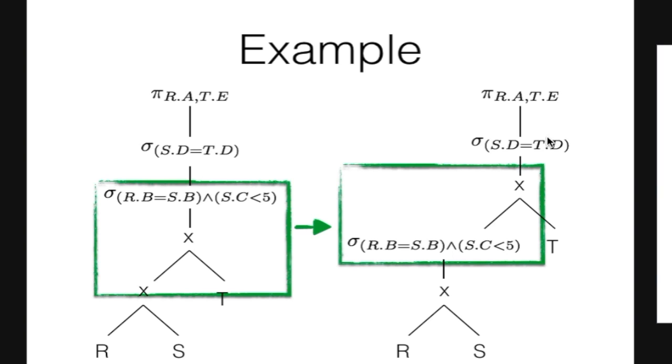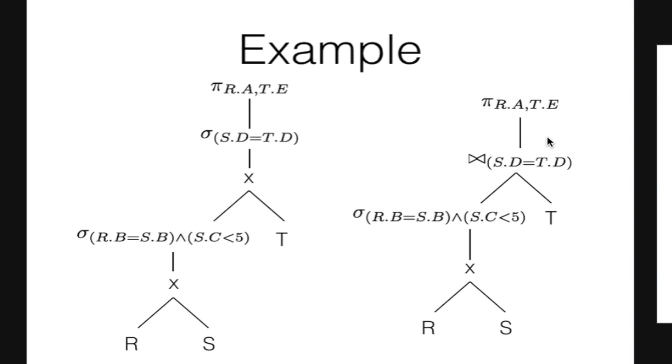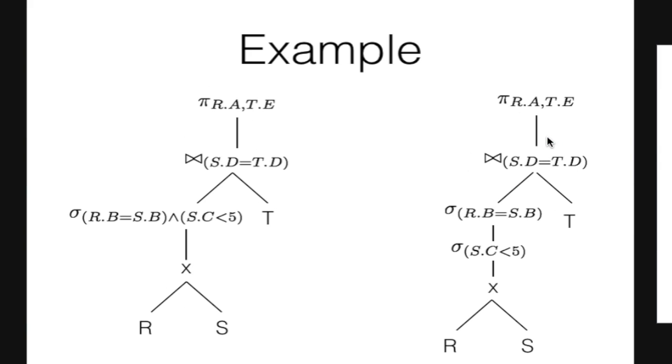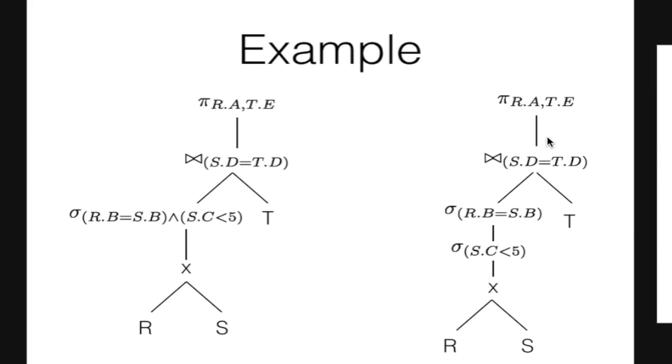We can take the selection sitting on top of the cross product, and that becomes a join. And we can take the selection predicate sitting on top of the cross of R and S, and once again we can do exactly the same thing that we did before. We can split that up into two parts: the part we can push down into the right-hand side, and the part that we can't do anything with, at least not immediately.